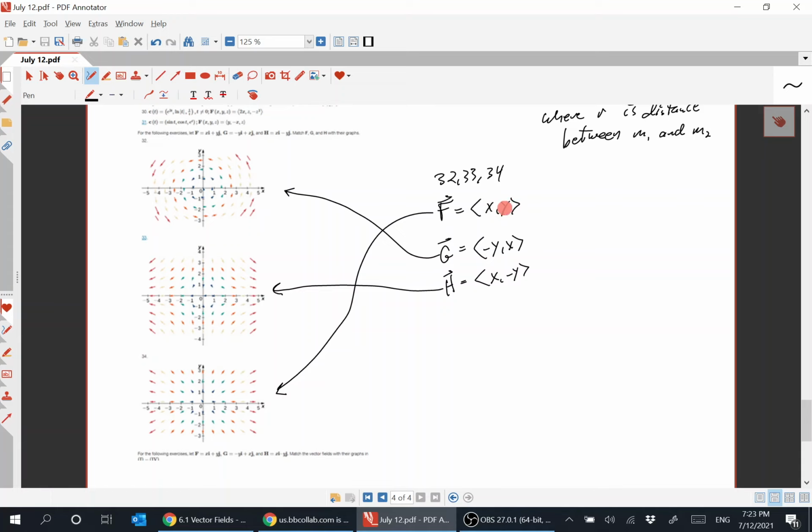What's the gradient? What's the function? So just as a side note, this one is the gradient of f(x, y) for f(x, y) just equal to xy, I think. No, not that.